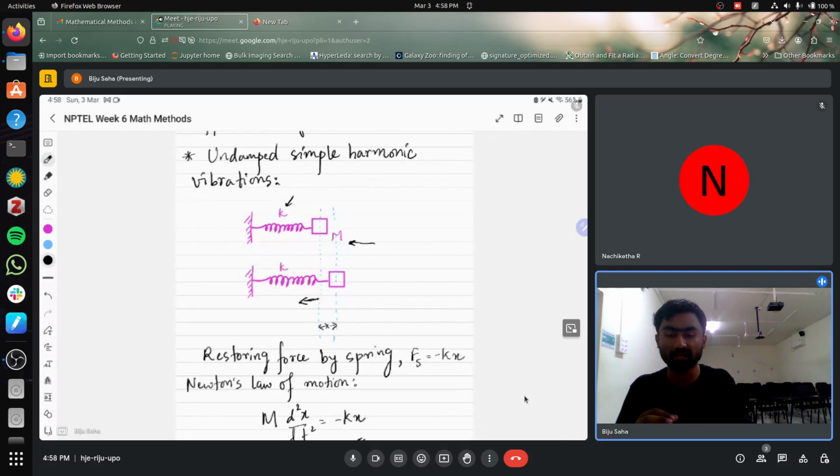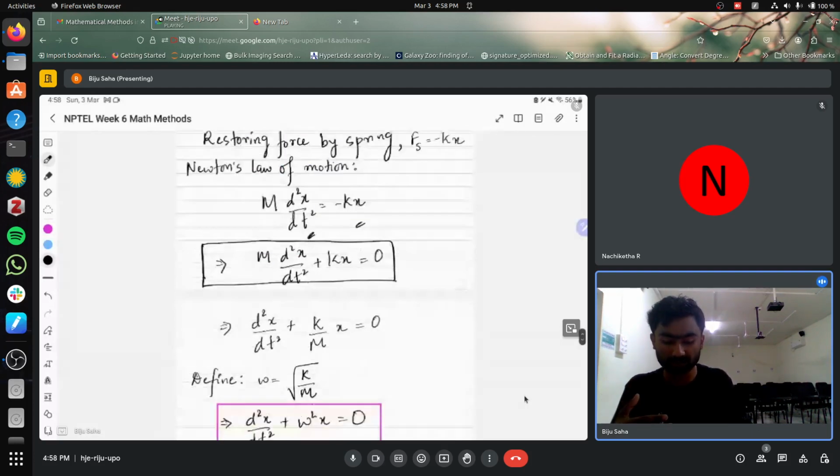Damping can arise due to various reasons, like air resistance, or if the mass is dipped in a viscous liquid, then there will be damping due to the viscosity of the liquid. But this is a very ideal scenario where no damping is present. In that scenario, the equation of motion looks like this.